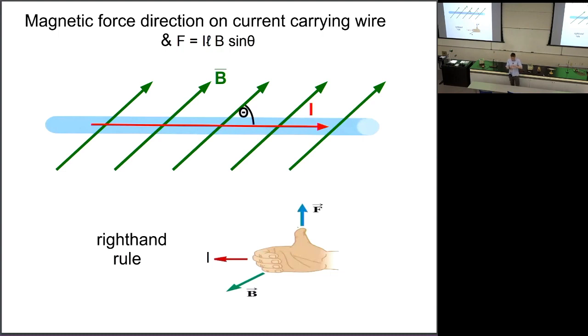But whether it's the picture for a single charged particle from last class, or for an entire current in this class, we can picture the various directions that are in the field equation. So there's the direction of the moving charged particle, or in this case, the electrical current. There's the direction of the magnetic field that's going to create the force, and then there's the direction of the force itself.